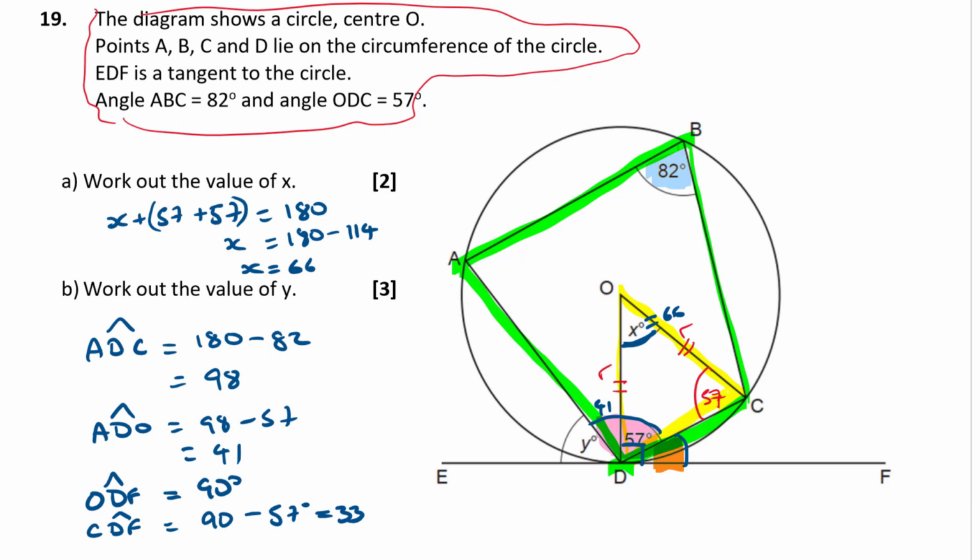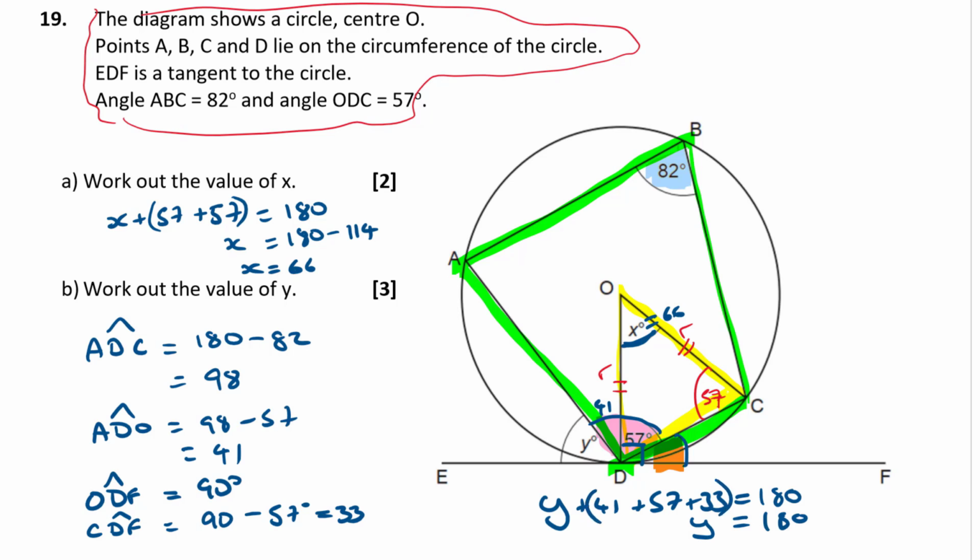That tells me that y plus the 41 plus the 57 and the 33 that we just found, which we know adds up to 90, all those together lie on a straight line, so that must be equal to 180 degrees. And if that is the case, then y is going to be 180 minus those three angles, isn't it?